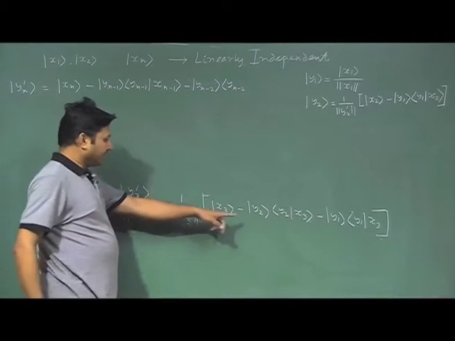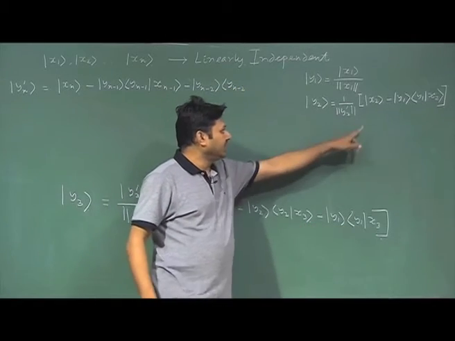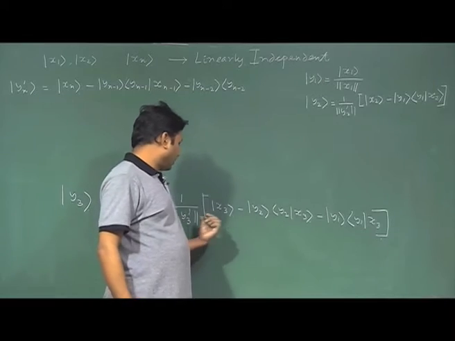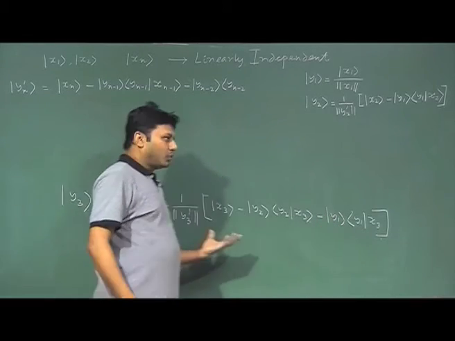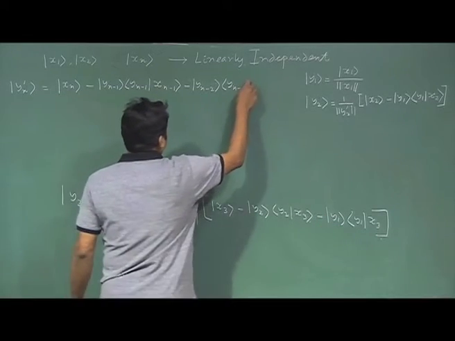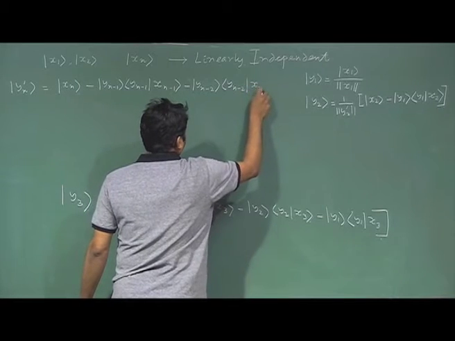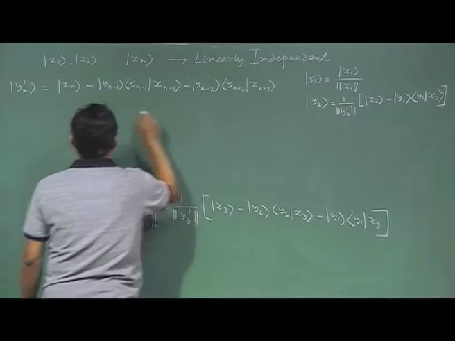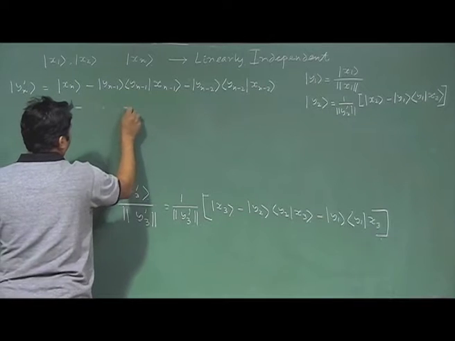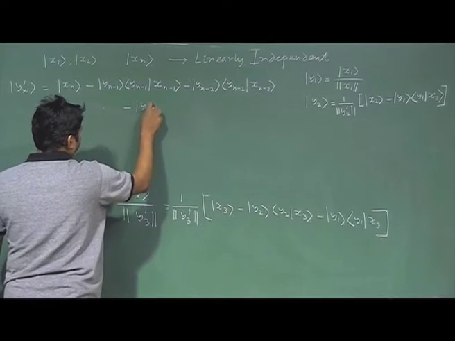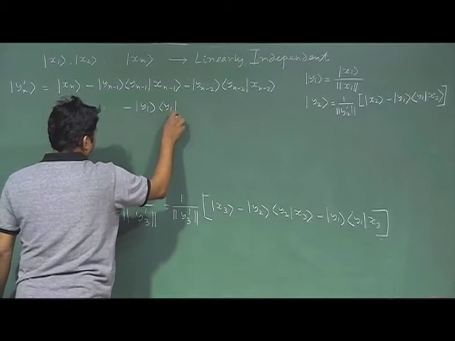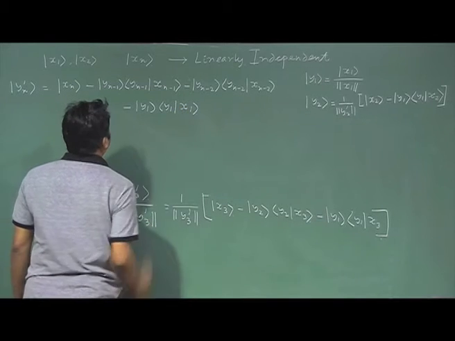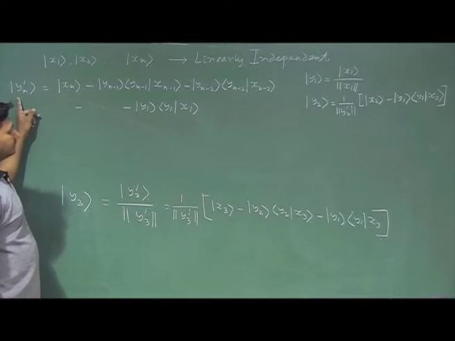The order is reducing here: 2, 1. Initially it was just 1, for y3 it is 2, 1, for y4 there will be another term, and in this way it will change. And finally this is my entire yn.